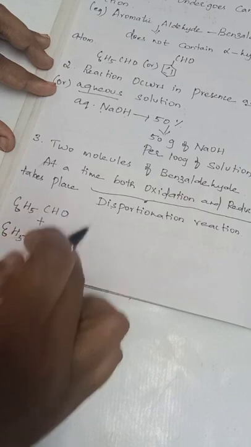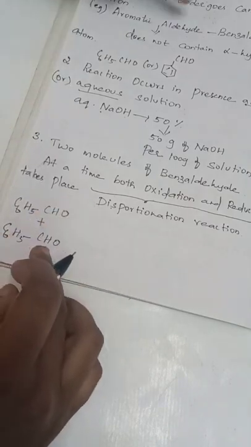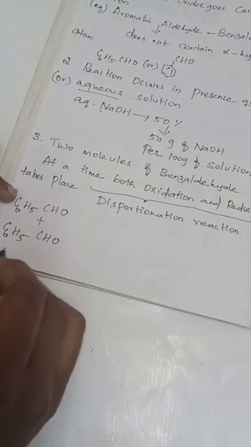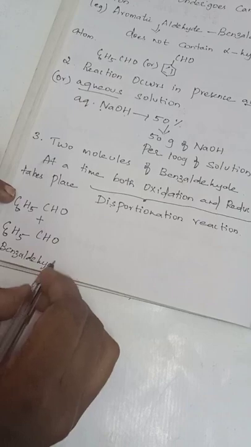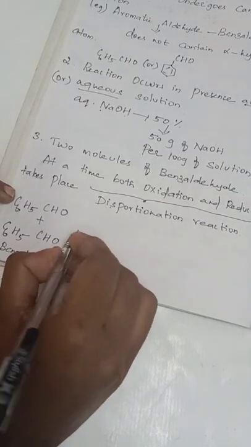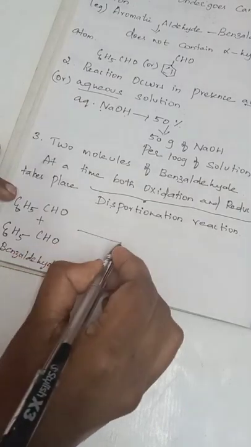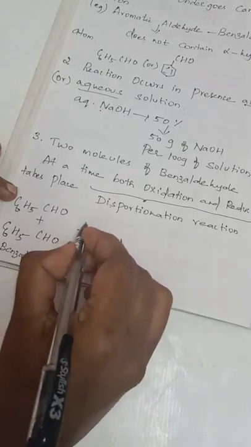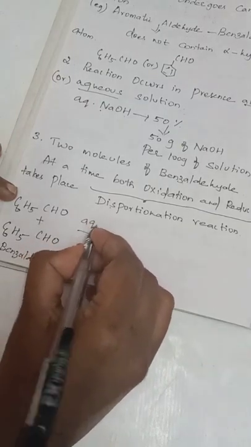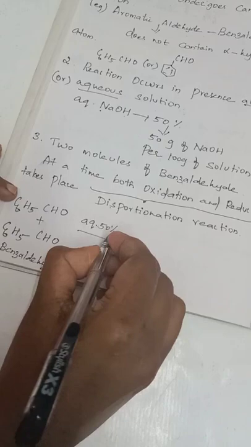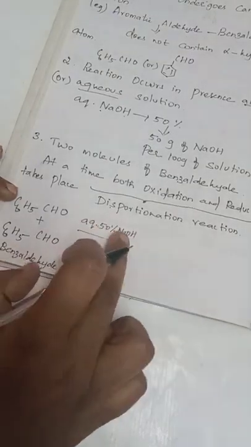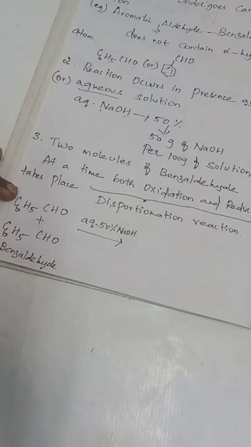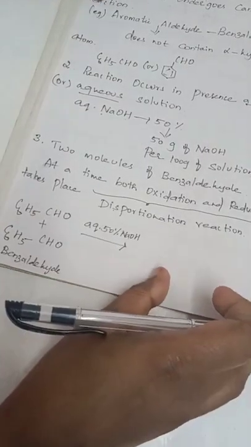This is the starting material, benzaldehyde, 2 molecules. This reacts in the presence of aqueous 50% sodium hydroxide. What is our expected product?